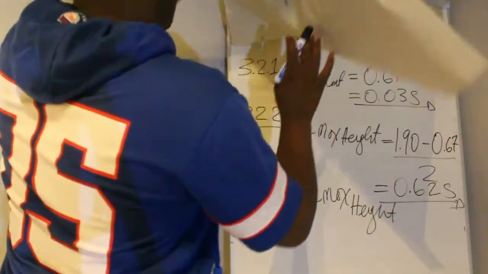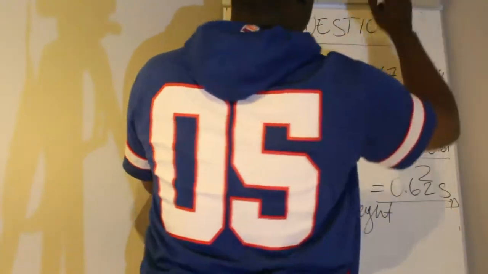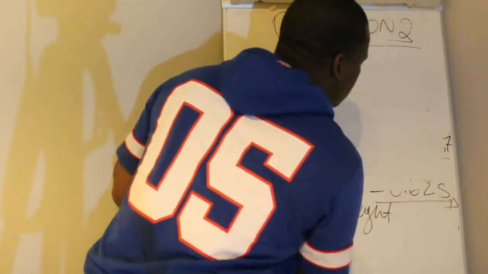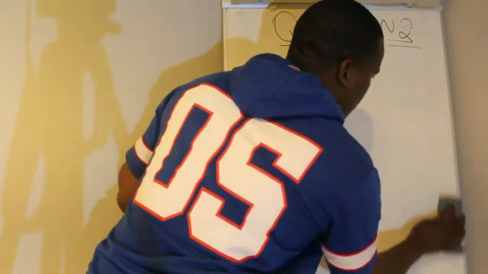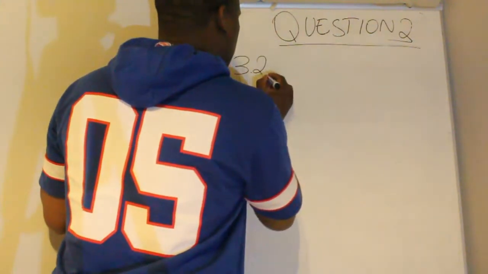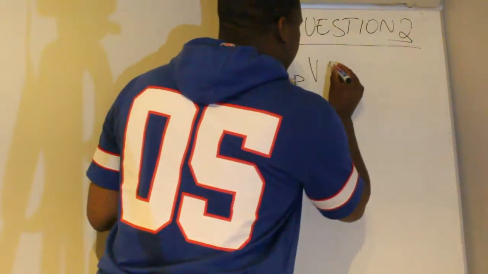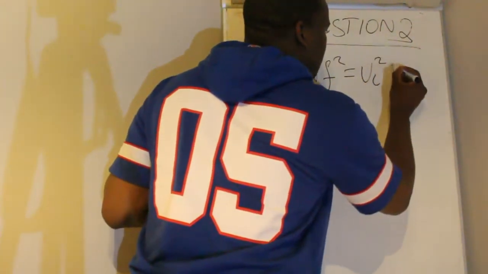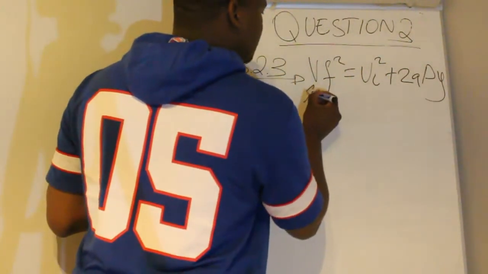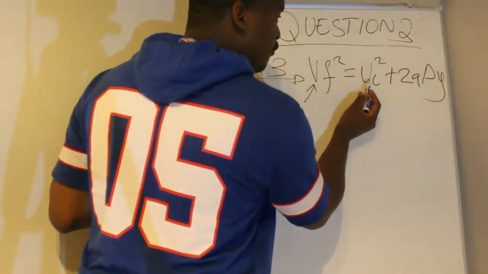So given that information, 3.2.3, we can say Vf squared is equal to Vi squared plus 2a delta y. We know Vf is 0. We know Vi... oh, we don't know Vi. We know these two.